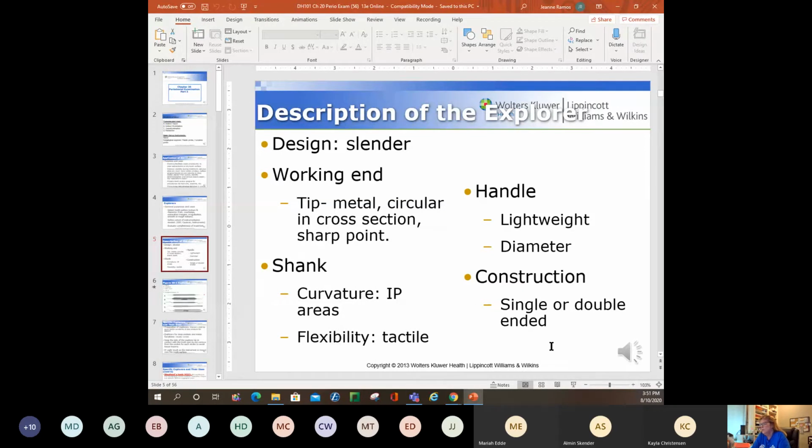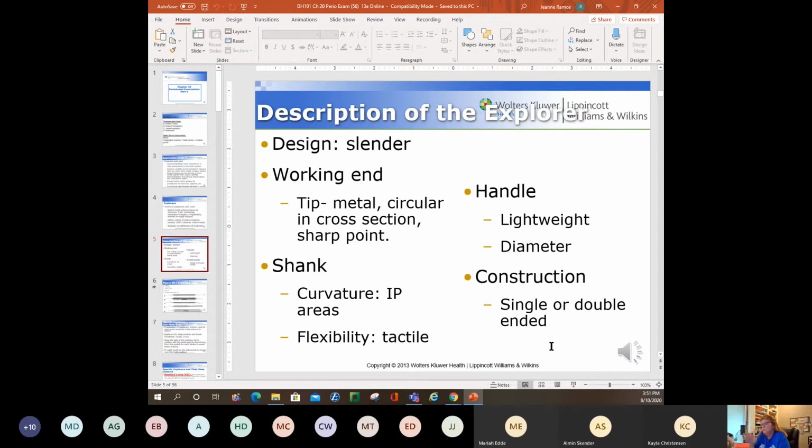So the working end of an explorer, the tip, is a sharp point. It's metal. If you cut that working tip in half, it would be circular. For the shank, the curvature in the interproximal, or IP, areas should be parallel with the long axis of the tooth.